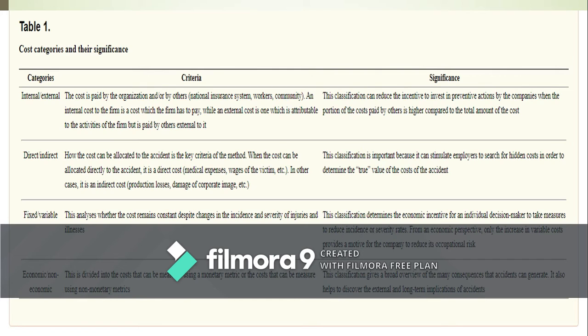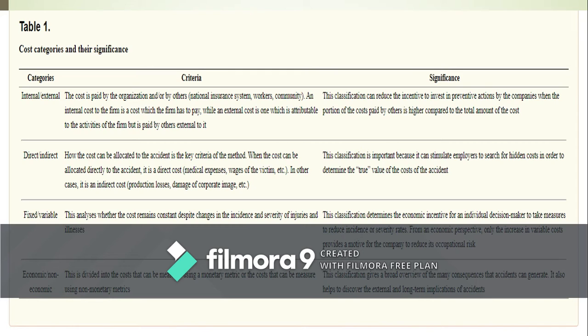An internal cost is a cost which the firm has to pay, while an external cost is one which is attributable to the activities of the firm but is paid by others. This classification can reduce the incentive to invest in preventive actions by companies when the portion of the costs paid by others is high compared to the total amount of cost.